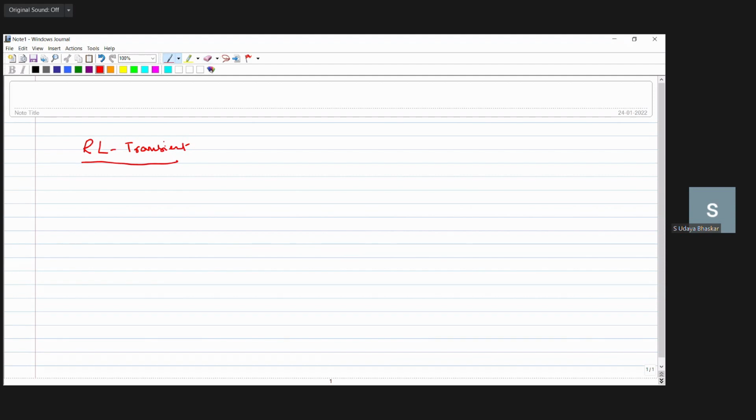The meaning of transient is nothing but the circuit responds to a sudden change in an input. That is called a transient. That means if you give the input supply to the circuit, then it will give the sudden response, it is called a transient.